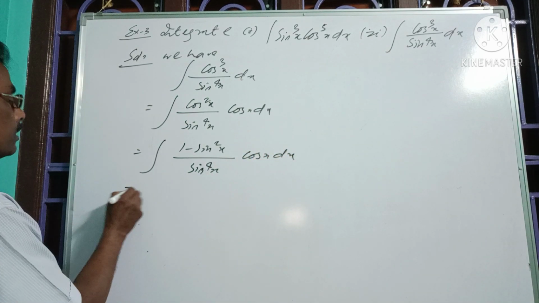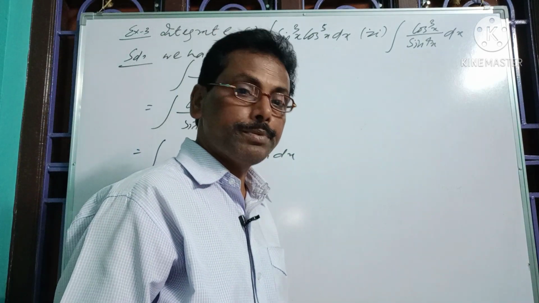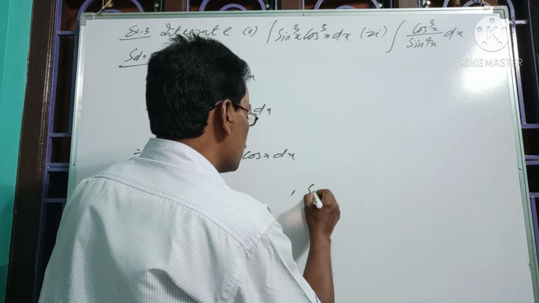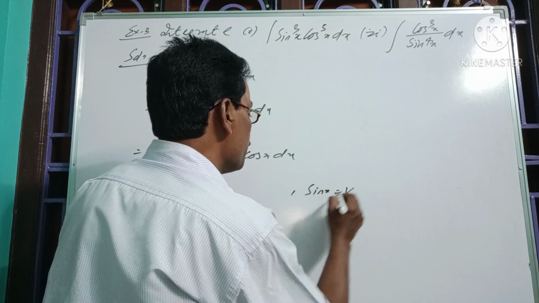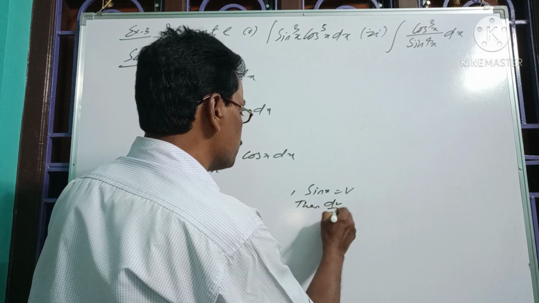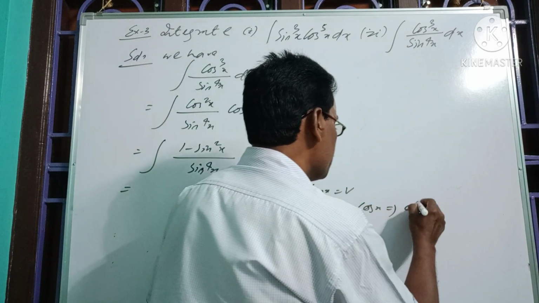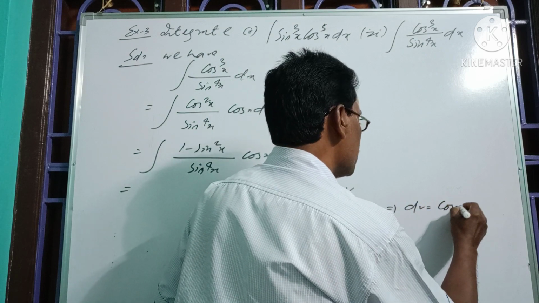So now let us apply the method of substitution, that is, we substitute sin x as v. So v is a function of x, then differentiating v with respect to x, it will give us cos x, and simplifying it will give us dv equal to cos x dx.